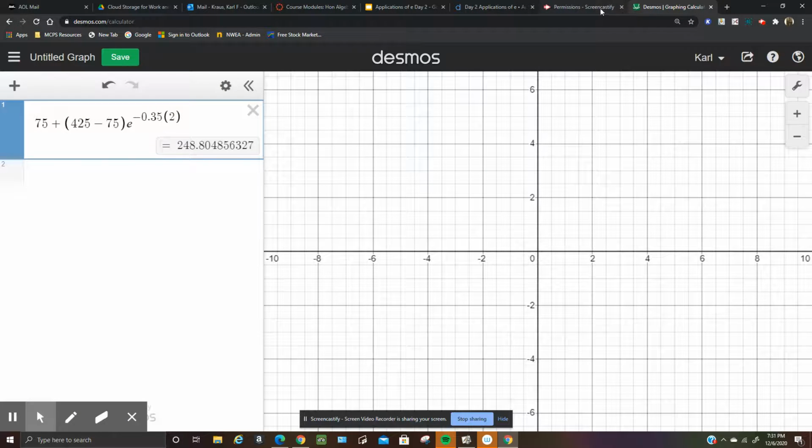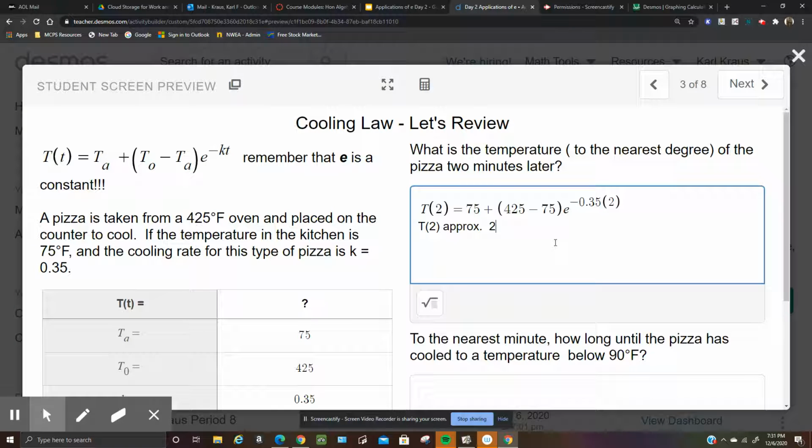It's 248.8, which would be about 249 to the nearest degree.